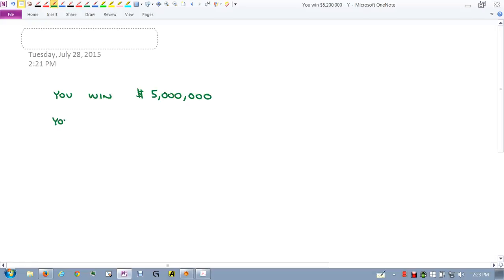You invest it in banks at, and let's go with a very low interest rate because you're not going to put your money at risk. You're going to throw it into an account. It's not going to give you much return. I'll do something like 1.8%.